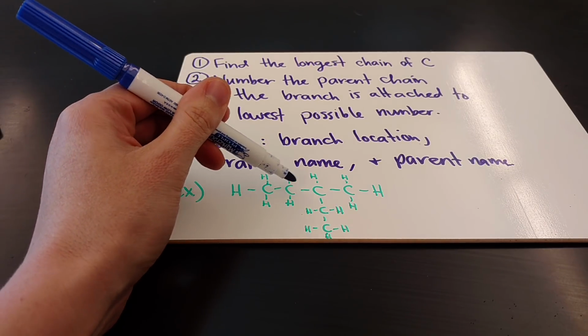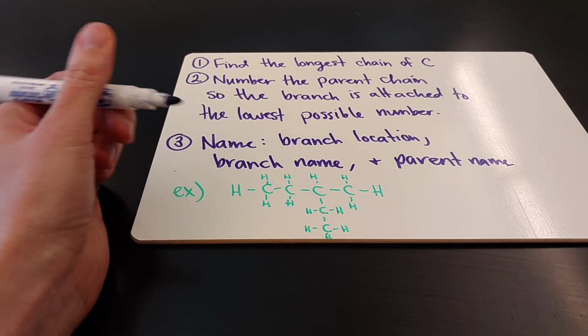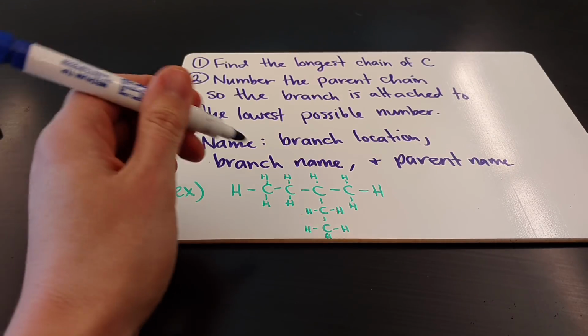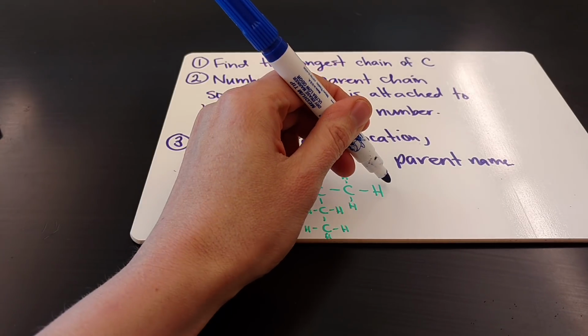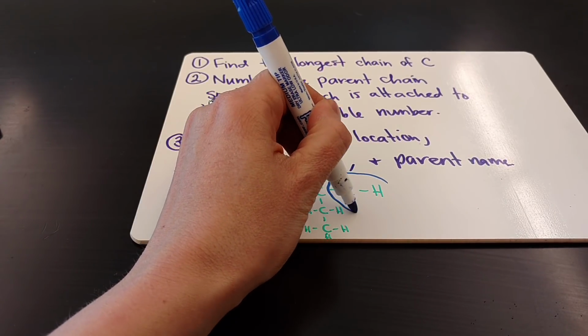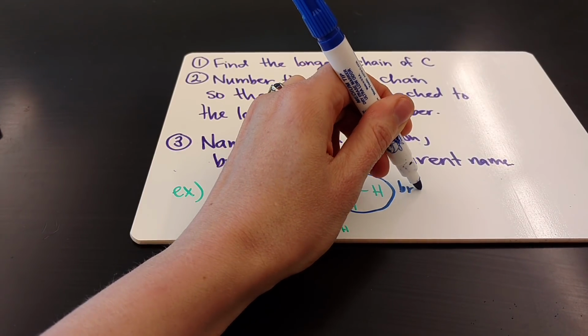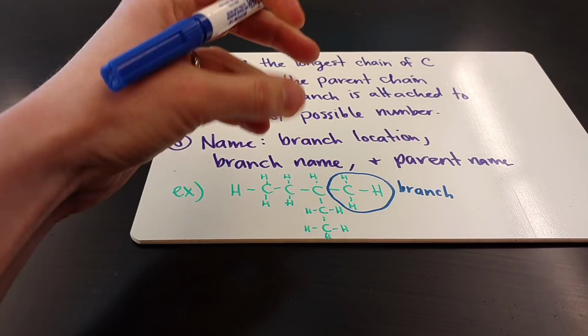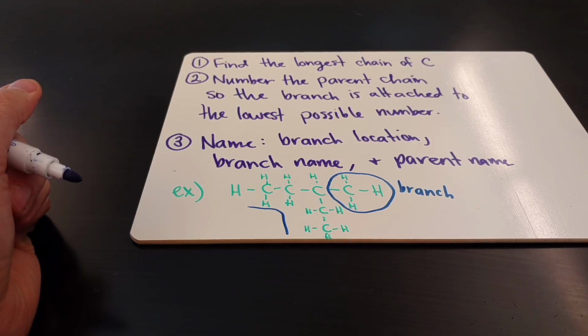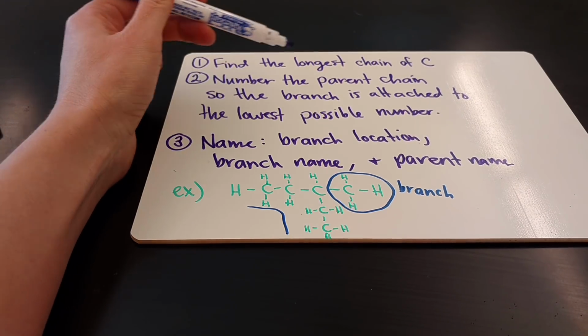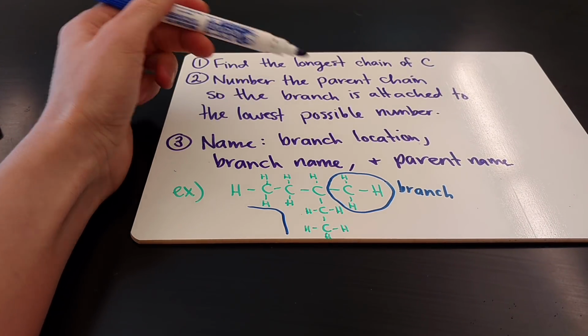So really, 1, 2, 3, 4, 5 is my longest chain. Okay, so this piece from here to here is my parent. That makes this part the branch. It is branching off of my long parent chain here. Okay, now we're going to number that parent chain so the branch is attached to the lowest possible number.